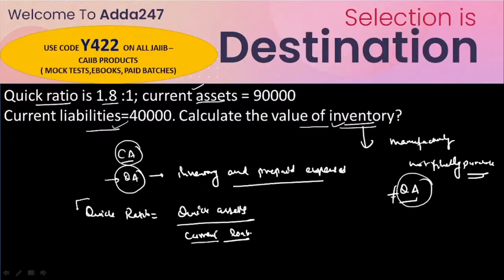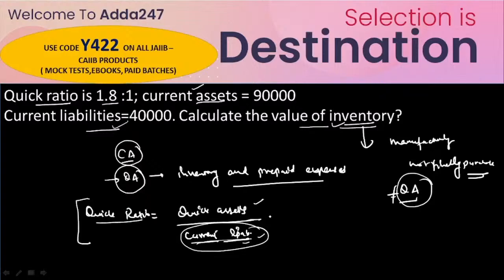Because we assume that in the case of liabilities, the company or business has to pay all the liabilities, either quick or current. So in accounting they assume that quick liabilities equal current liabilities. That's why the formula of the quick ratio is quick assets divided by current liabilities.